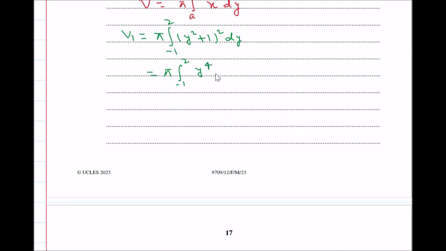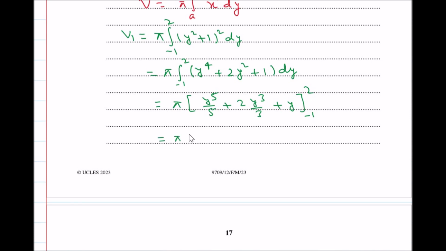So we get y power 4 plus 2y square plus 1 and then dy. Now we can integrate this. y4 becomes y5 by 5, plus 2y square, so 2y cube by 3, plus 1, that is y. And limits are -1 and 2.